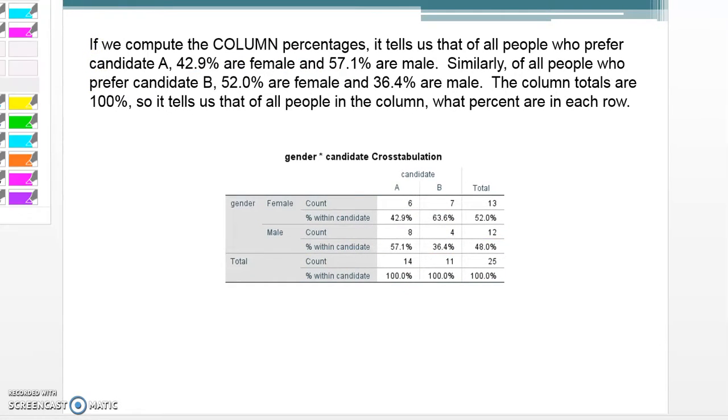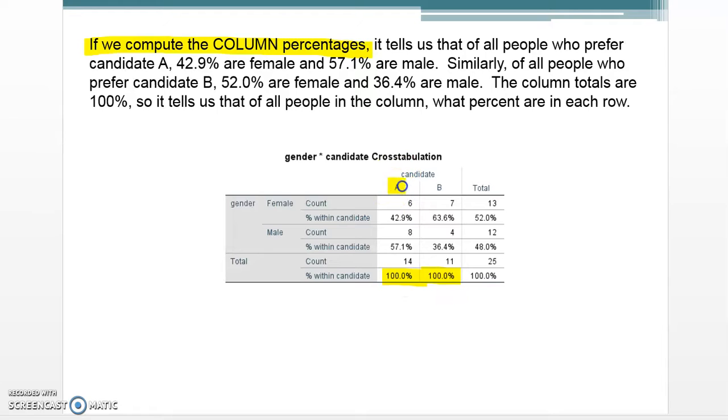You can also compute column percentage. In column percentage, you are trying to set each column to be 100%. So let's focus on column A, which is considering all the people who would prefer A. In this column, you can tell 57.1% are male.